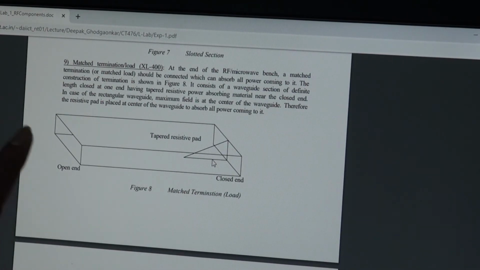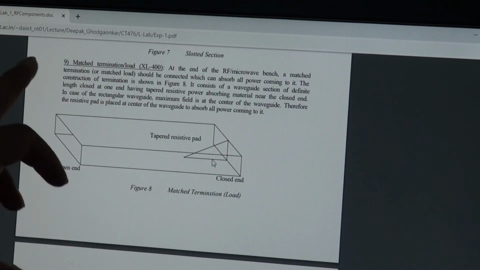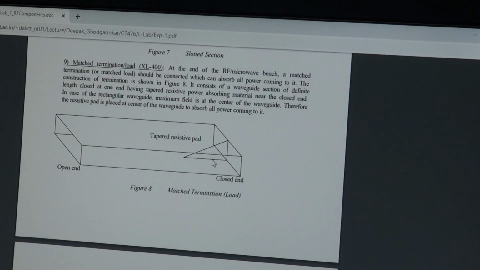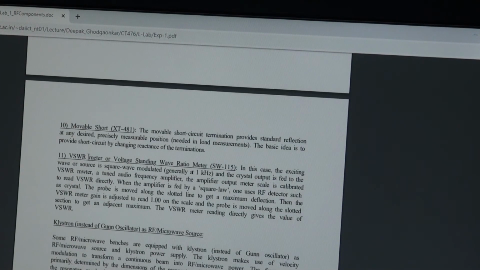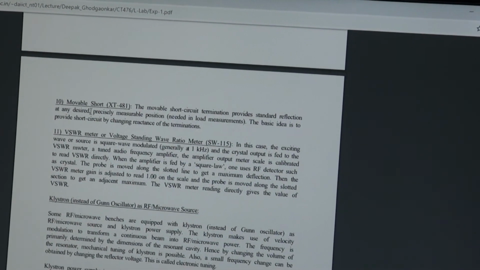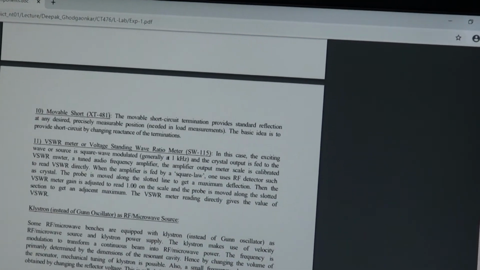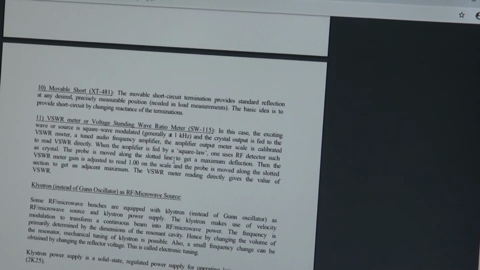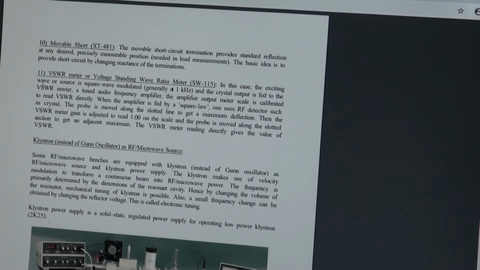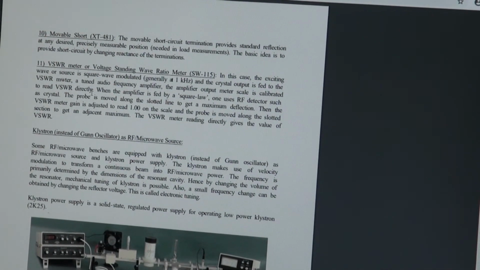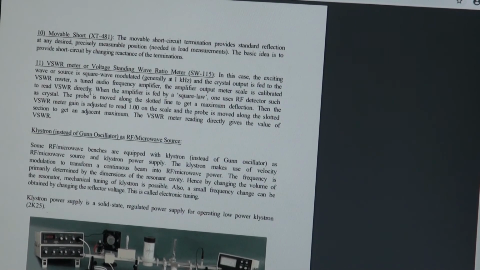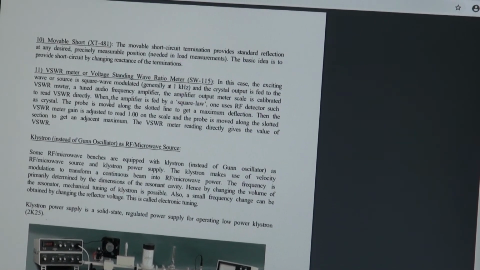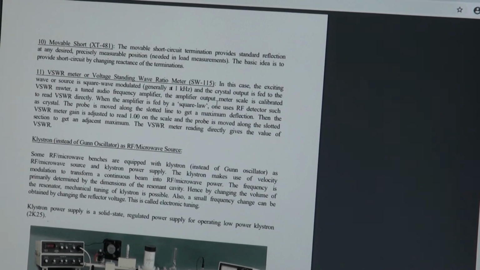The detailed explanation of this matched termination is available in section 9, so you can read also. And the tenth component is the movable short, and its description is available in section 10. And the eleventh is the VSWR meter, which is used for measuring the VSWR, and the detailed description of that instrument is available in section 11.